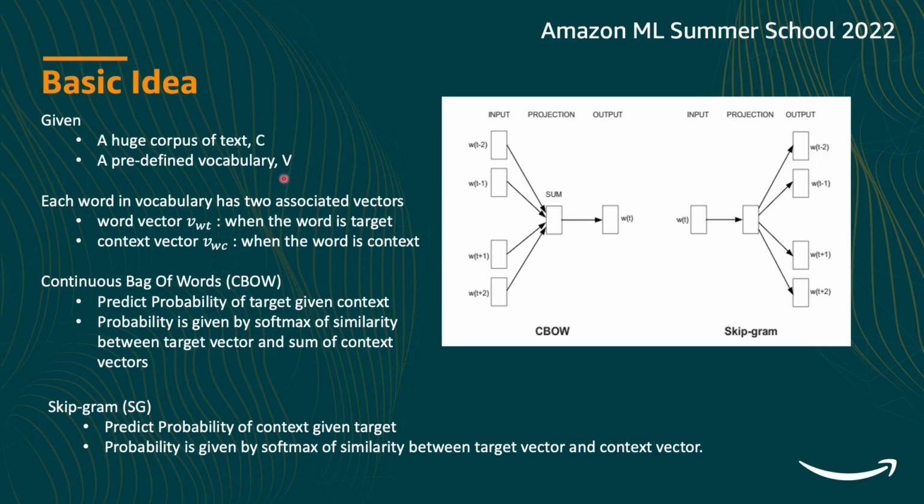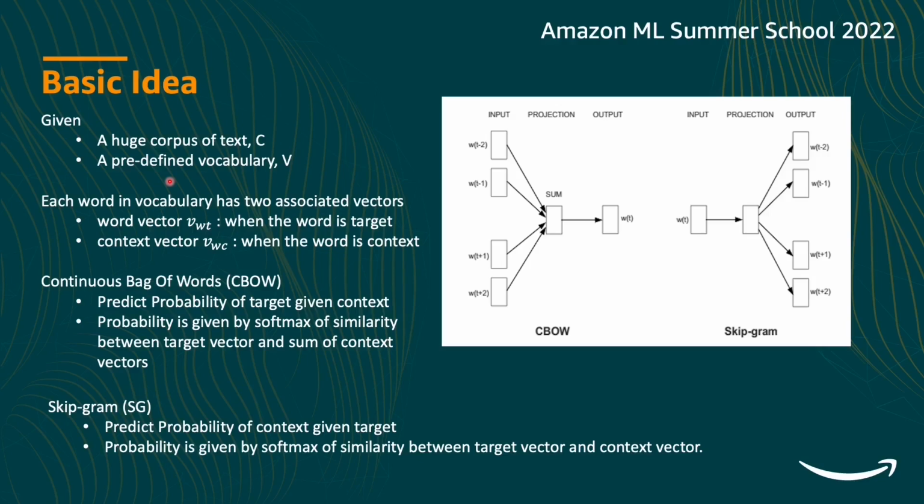In this algorithm, for each word, we learn a set of two vectors: the word vector and the context vector. When the word is used as a target, it is represented with the word vector, and when it is used as a context, it is represented by the context vector.